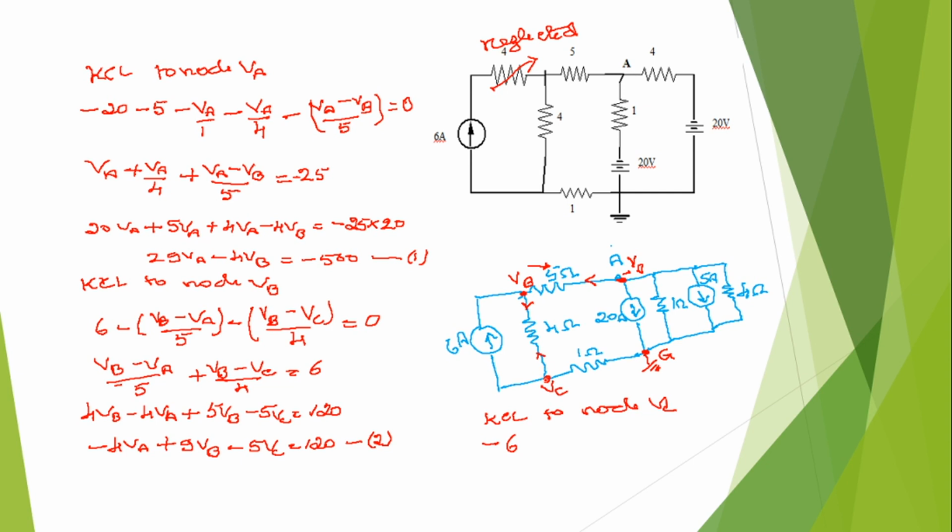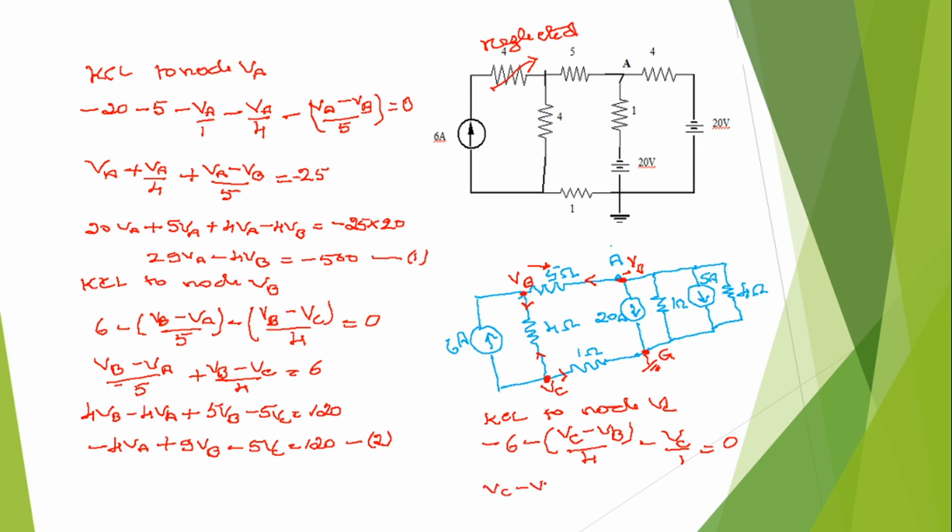So with respect to VC it is the outgoing current, so minus (VC minus VB) divided by 4, and in this branch it is with respect to ground outgoing current, so minus VC by 1 equal to 0. Taking to the other side, what will I get?